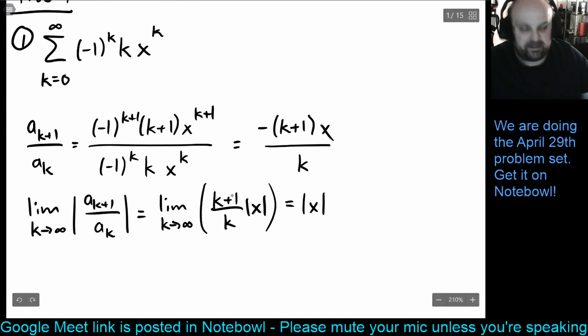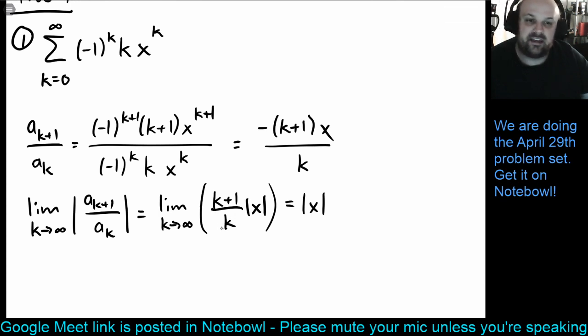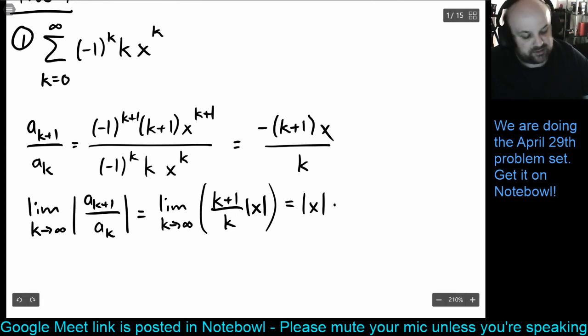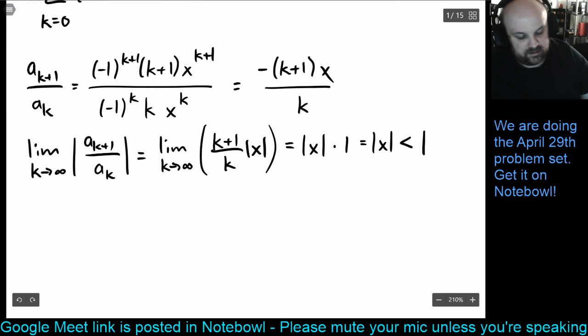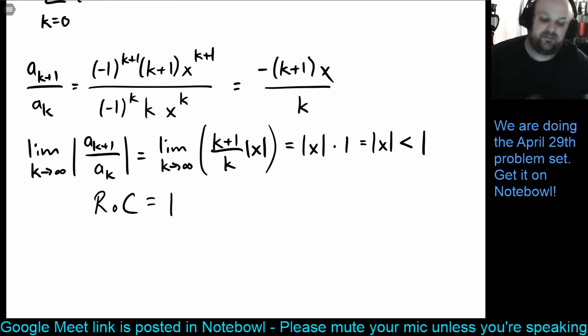And then we're just computing the limit of (k+1) over k as k goes to infinity, which is 1. So this is absolute value of x less than 1. This means that the radius of convergence, which I'll call ROC, is 1.